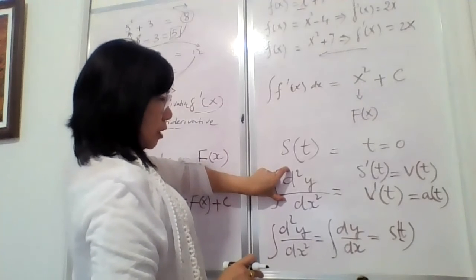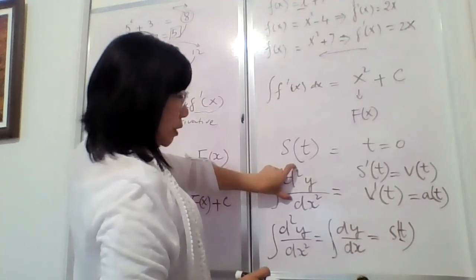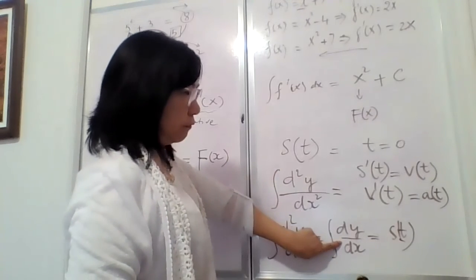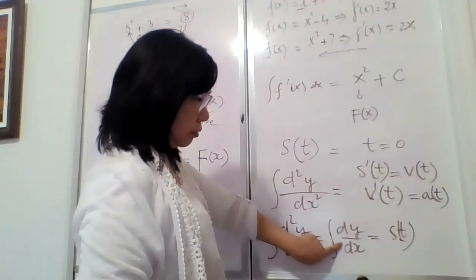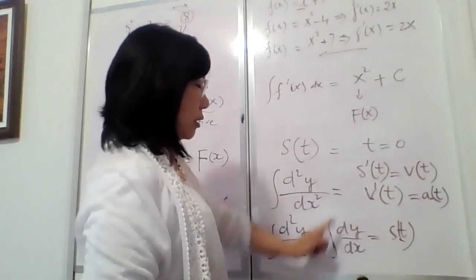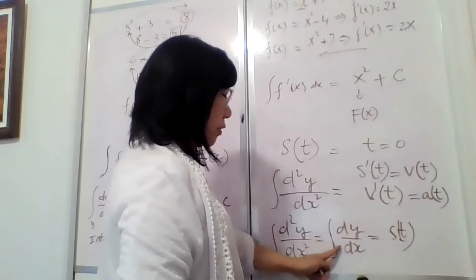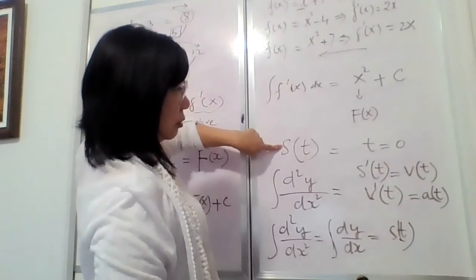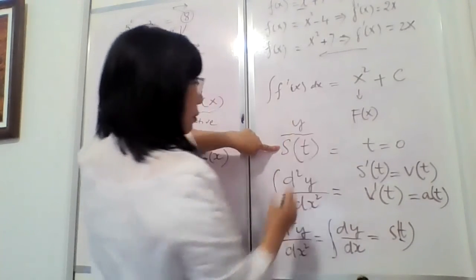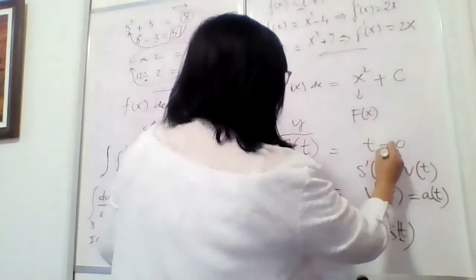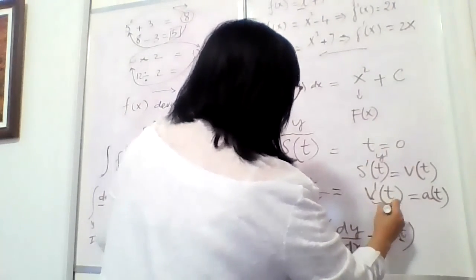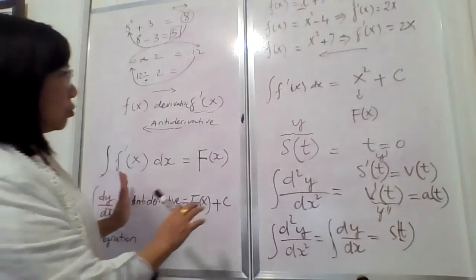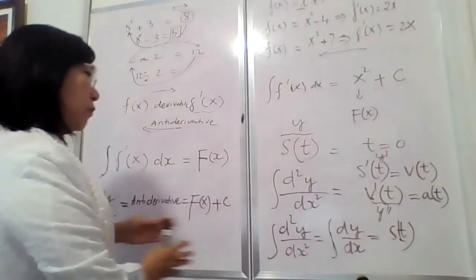You take the integration of the second differentiation, then you get back to v prime of t, which is dy over dx. And then you take the integration of the first one, you get back the initial position, which is y, and this is y prime, and this is y double prime, the second derivative. So that's the idea when you move forward and when you move backward.